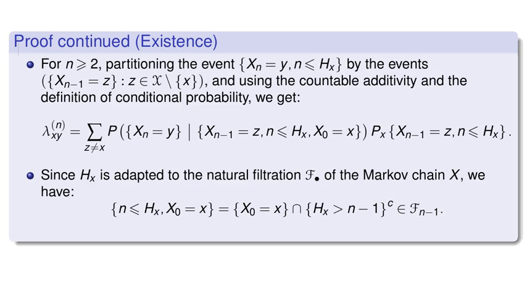Since h sub x, the first return time to x, is adapted to the natural filtration script F bullet of the Markov chain X, the event n is less than or equal to h sub x and X_{n-1} not equal to x is equivalent to X_{n-1} not equal to x intersected with the complement of h sub x is greater than n minus 1. This event is in the sigma algebra script F sub n minus 1.